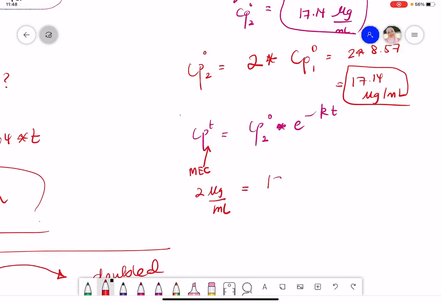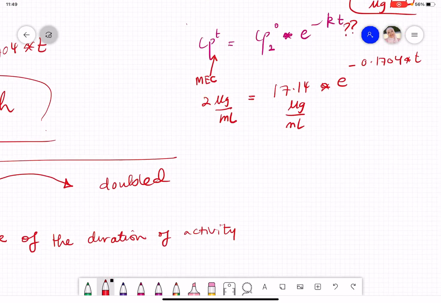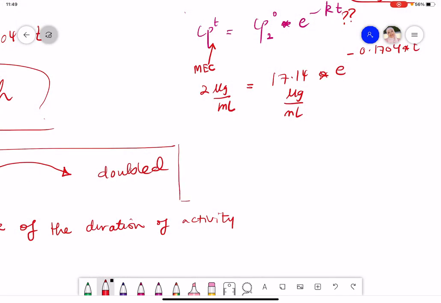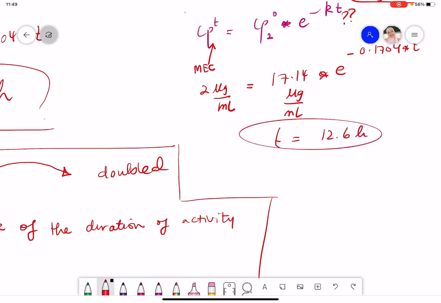It equals your new C_B naught in microgram per milliliter, multiplied by the constant, 704, multiplied by the time that I need to know, which is the new duration of action. Play around with your equation and you'll find that the time equals 12.6 hours. Let's call it t2, the duration of action when we double the dose.